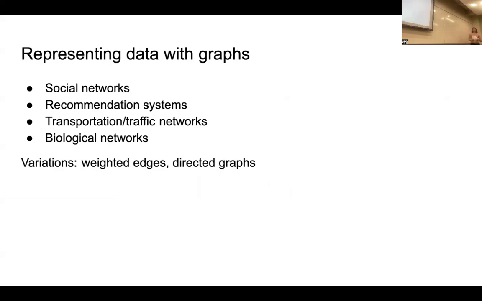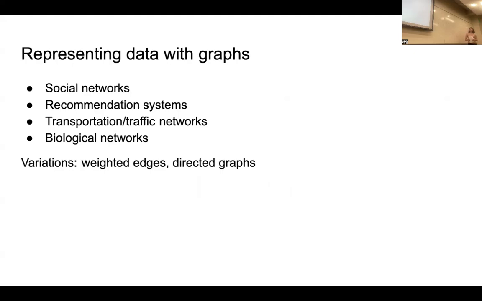This also introduces some ideas that are sometimes important in machine learning, which are weighted edges and directed graphs, basically assigning extra information to the graph. For example, on this graph, we assign this edge a weight of 3, this a weight of 2, and so on. Then we could say a certain path from one vertex to another has a certain length based on the weights of the edges.